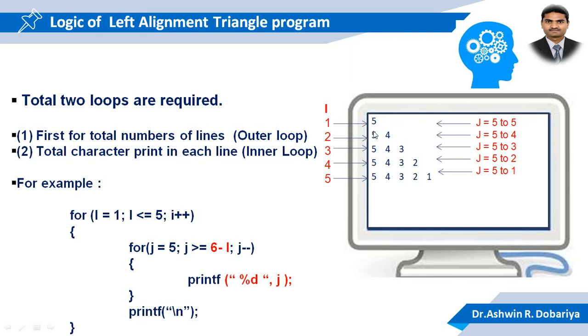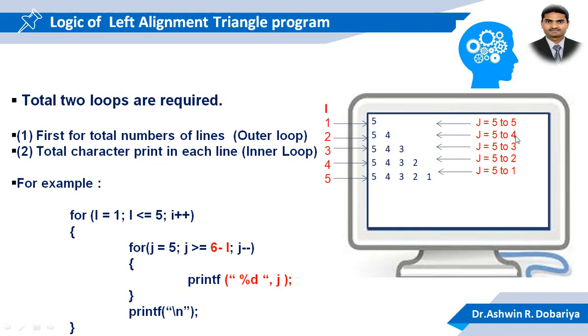Then in the second line j should start with 5 and it should end with 4. Then similarly in third line j should start with 5 and it should end with 3. Similarly in fourth line starting value is 5, ending value is 2. So it means j will start with 5 but end is like 5, 4, 3, 2, 1.